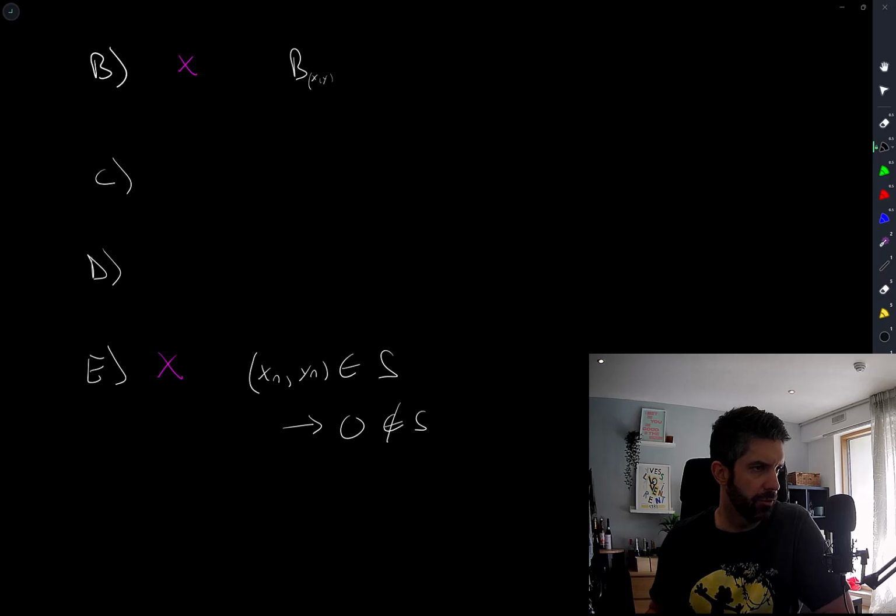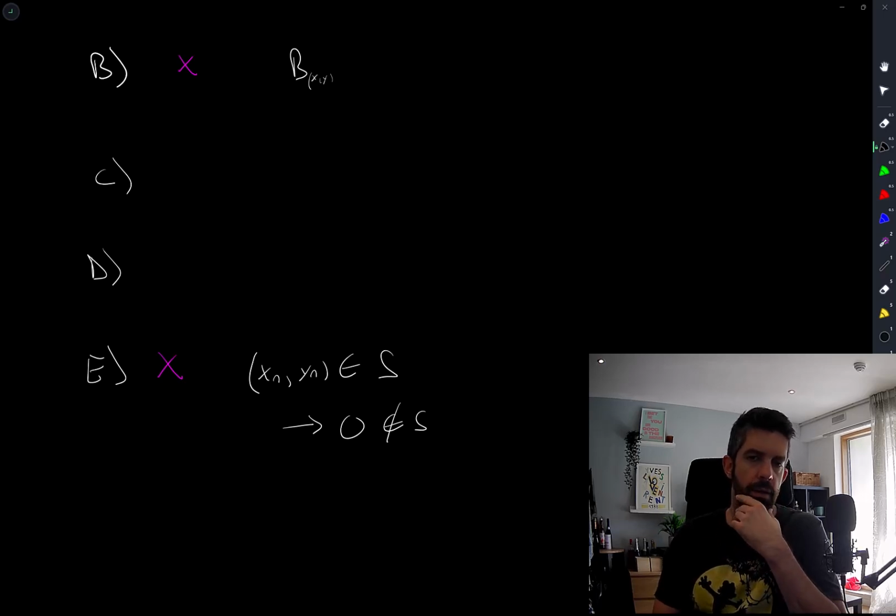Okay, I need the proper definition of connected component, which goes to connected space. So a set is disconnected if it is the union of two disjoint, non-empty open sets. I knew that.